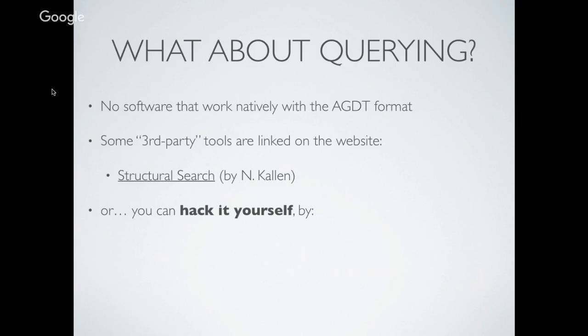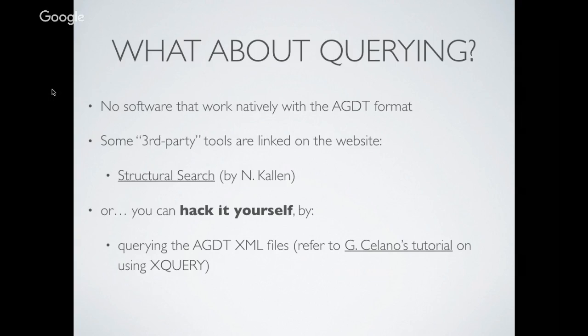The other option is basically what the professional people that work with the ancient Greek dependency Treebank have been doing so far: hack it yourself. What does it mean? You can download, as I said, those files, and then you can start querying them using programming or coding languages that can retrieve the information by reading it from the XML files.